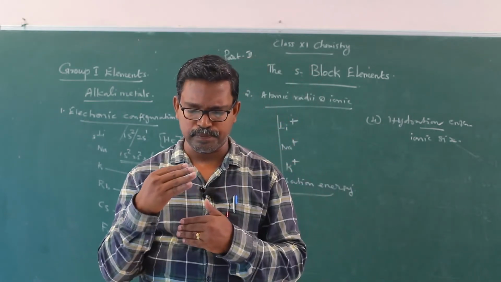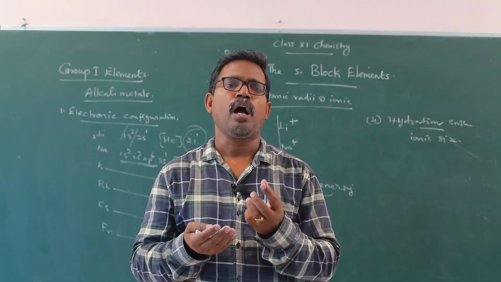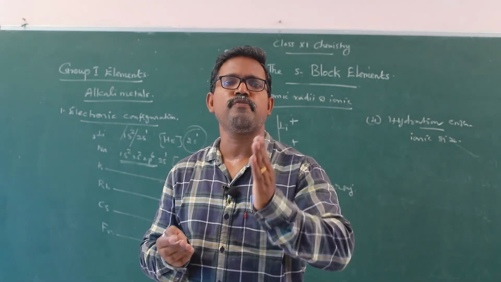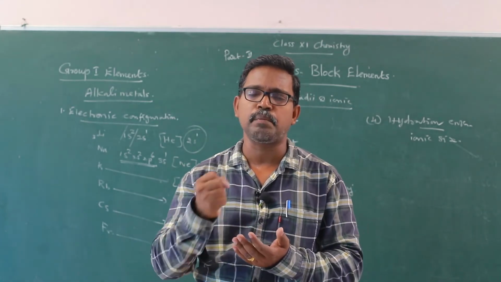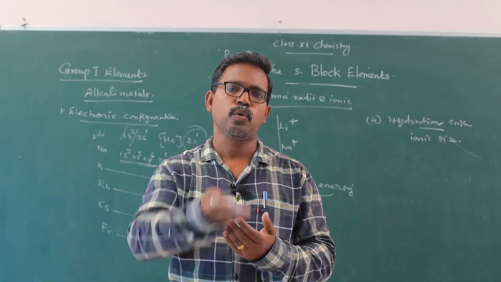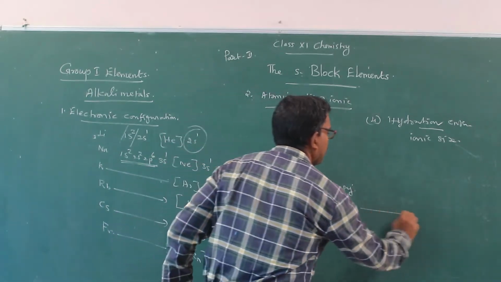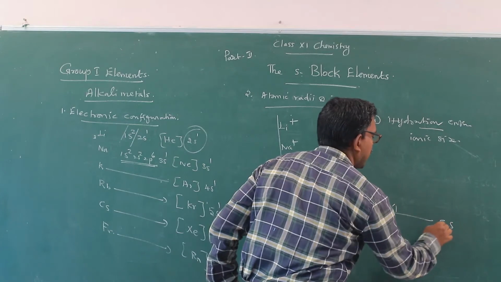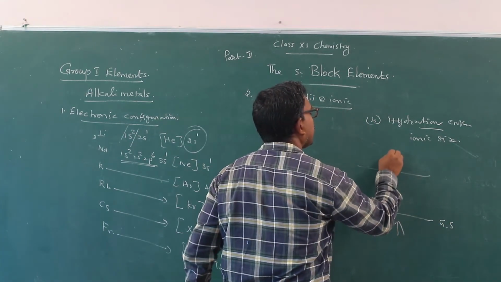When these are introduced into a flame, the electron absorbs energy and goes to the excited state. The valence shell electron is in the ground state; when we heat it, it goes to the excited state.